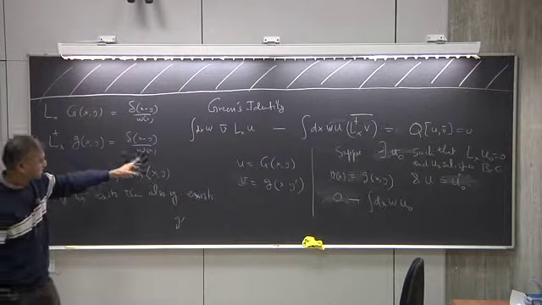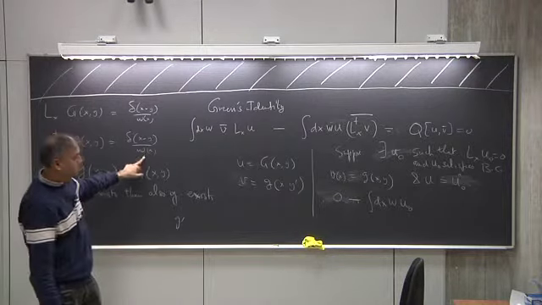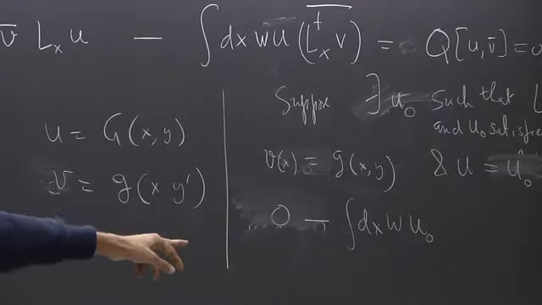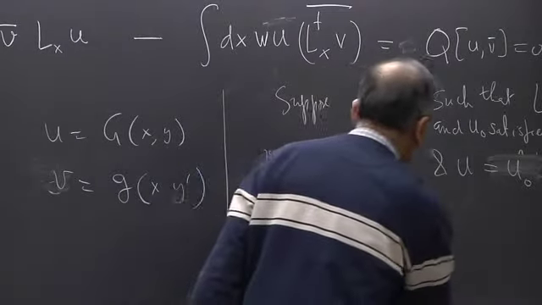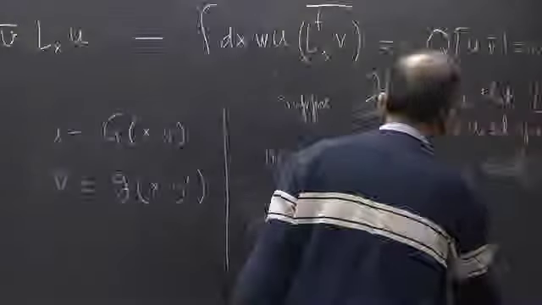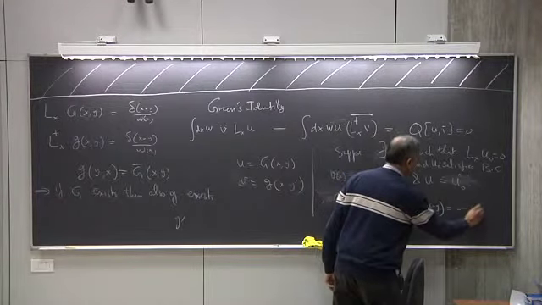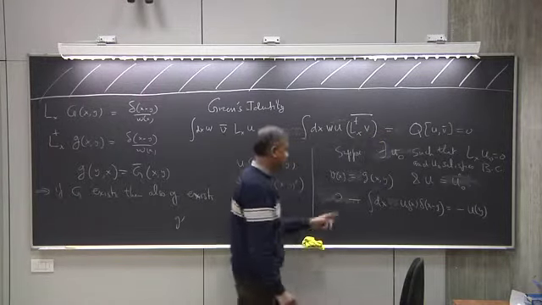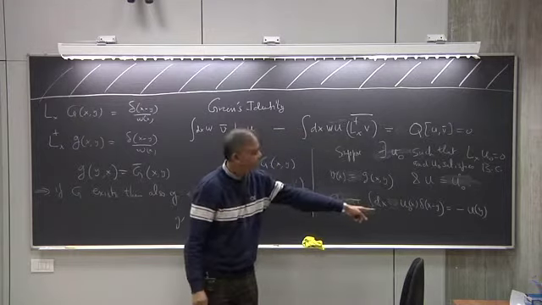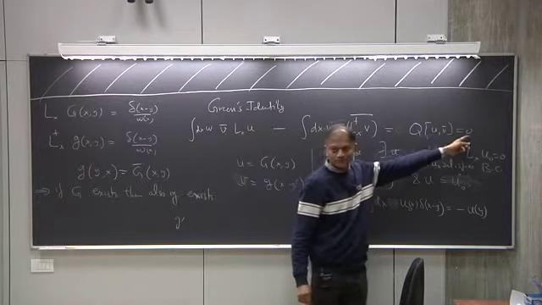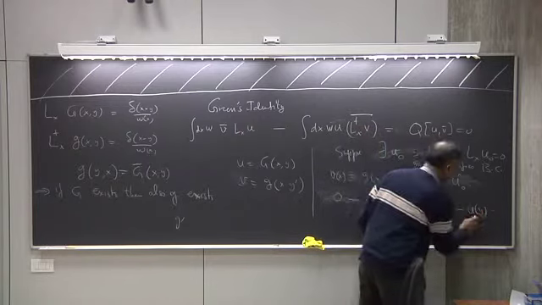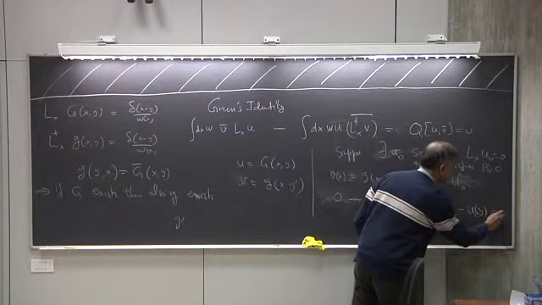So that gives you delta divided by w, so w cancels, and you just get u0 of x delta of x minus y, which is u0 of y. This is 0, this is minus u0 of y, and that's supposed to be equal to 0.